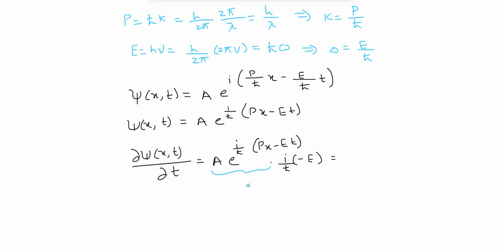So this is all psi of x comma t, and multiplied with this one, we get minus i by h cross E into psi.